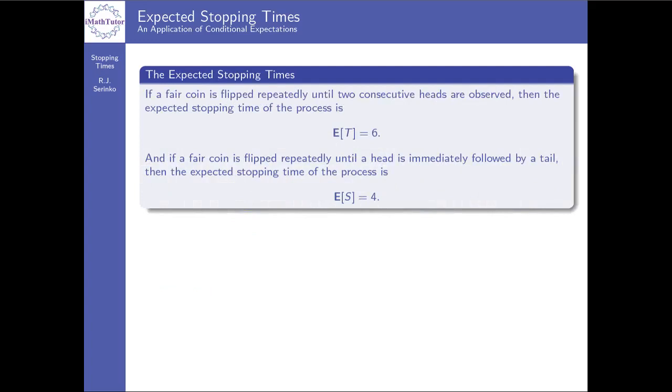So in summary, we find that if a fair coin is flipped repeatedly until 2 consecutive heads are observed, then the expected stopping time of the process is the expected value of t equals 6. And if a fair coin is flipped repeatedly until a head is immediately followed by a tail, then the expected stopping time of the process is the expected value of S equals 4.